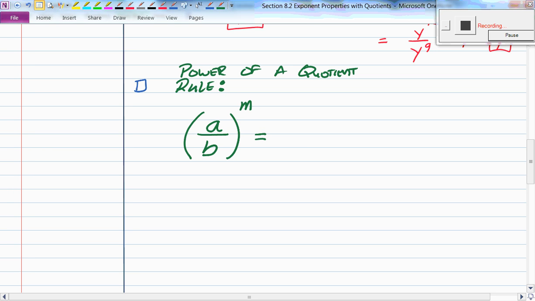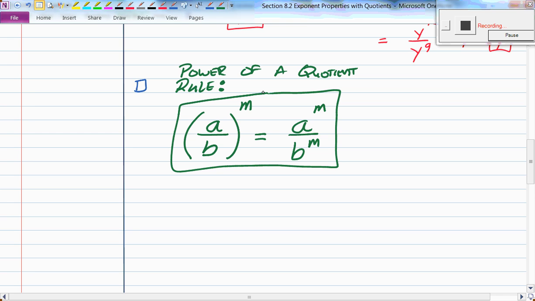Sasha, what do you think, buddy? You have to distribute the exponent to each one of the different bases. Yes, he says make sure that each base has that exponent delivered properly to it. That is our rule of power of a quotient.